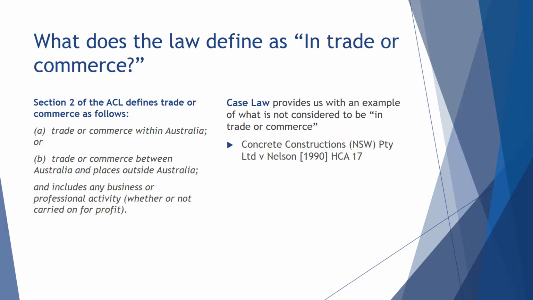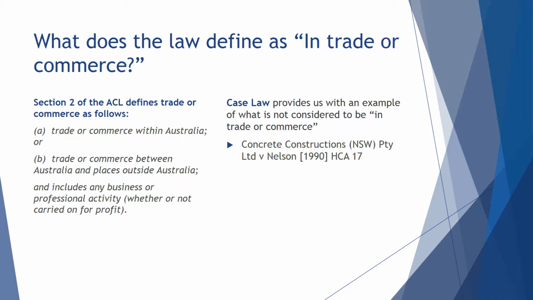Now, in trade or commerce, there's a little bit more to it, and what we're going to do is look at a case that provides some out of scope activity, as well as the legislation which provides some in-scope activity.